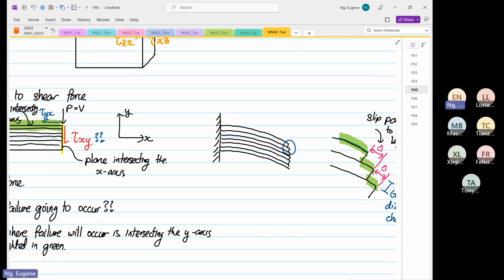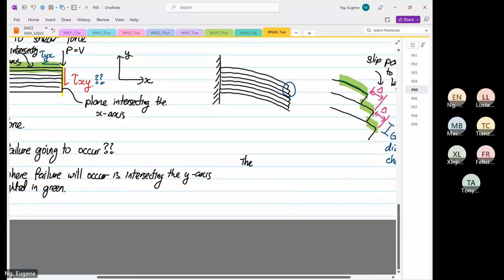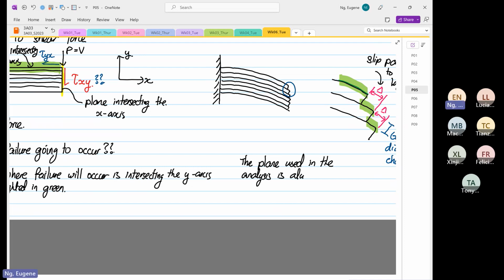Okay, so the shear stress or the plane used in the analysis is always parallel to the shear force. Okay?